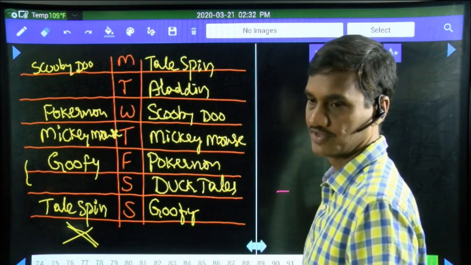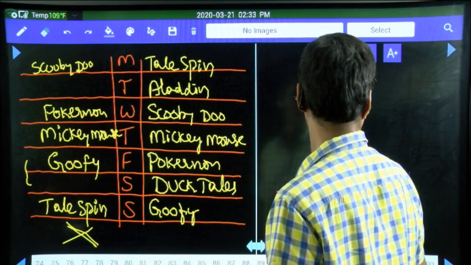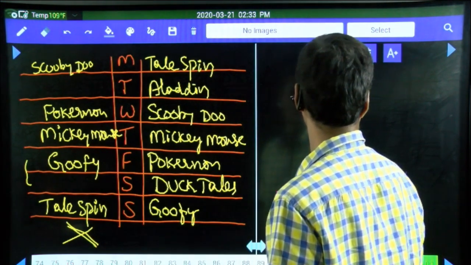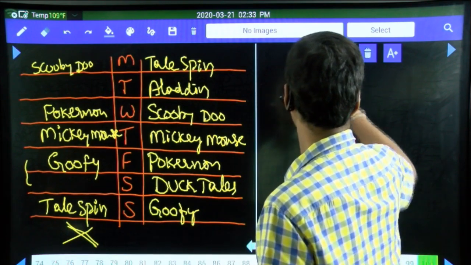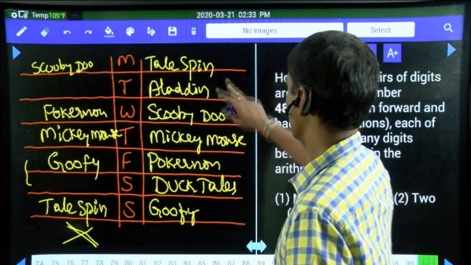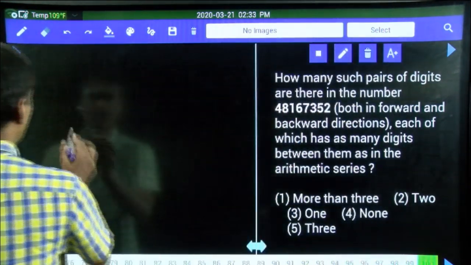Shall I start with this one, 100? Now in question number 100, how many such pairs of digits?